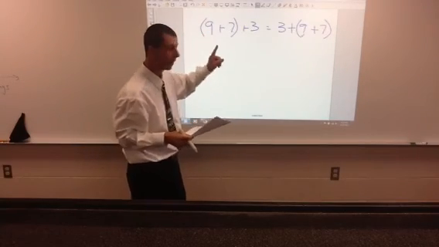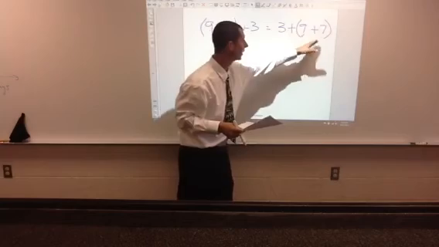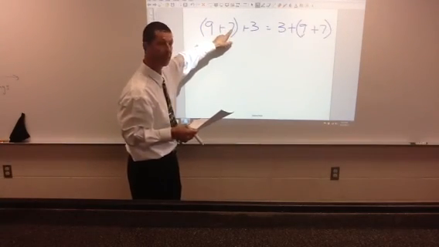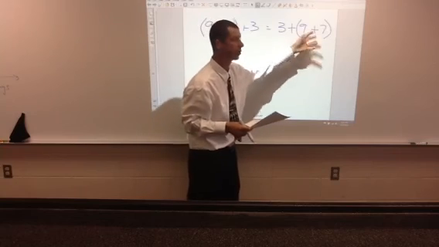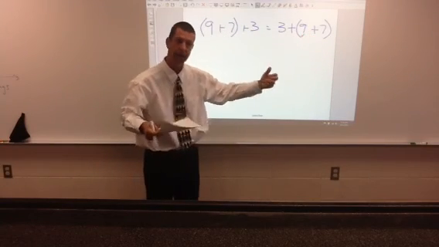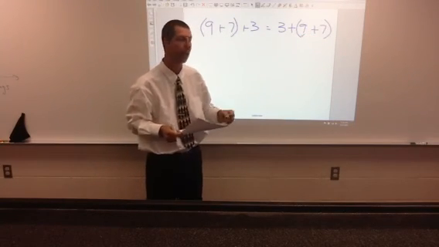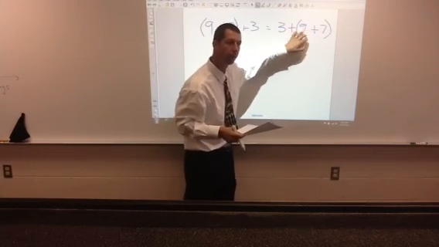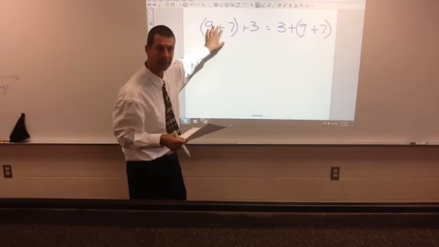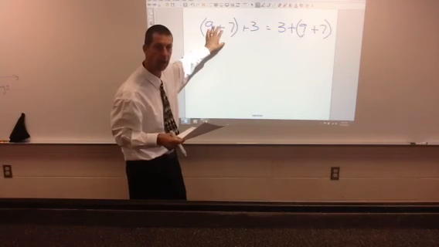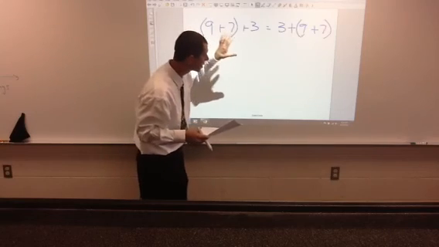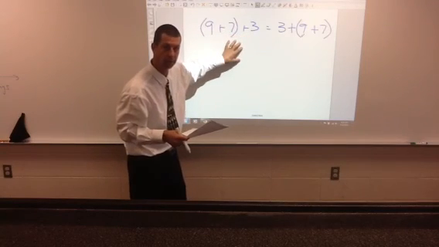They have to look at what's happening inside the grouping symbols. 9 plus 7 on this side, over here it's just been switched around. That's commutative property. When they look for associative property, there will be different numbers within the groups. That's a big difference between commutative property and associative property, and students need to look for that. This is commutative property of addition.